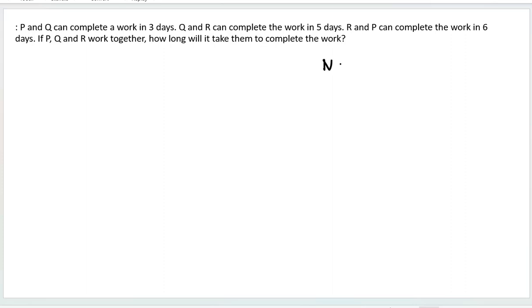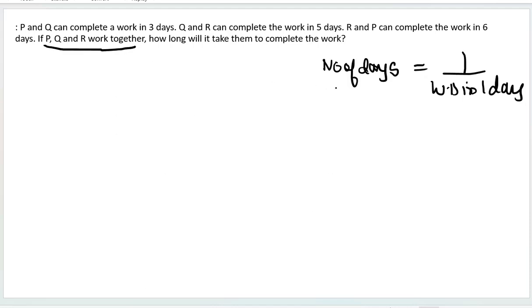So again, I want number of days is 1 upon work done in 1 day. Now over here, P and Q work together. Q and R 5 days. R and P 6 days. PQR work together. So this is actually P plus Q plus R I want.